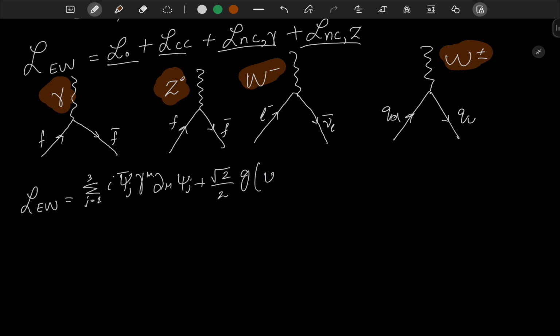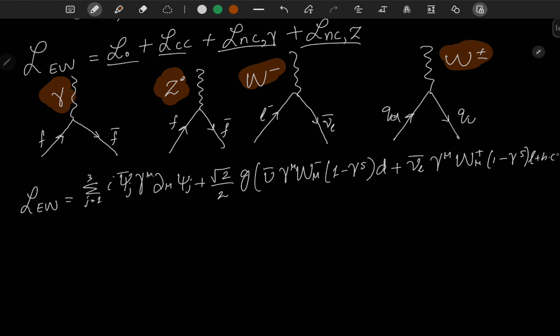G, U up-type, W mu minus, 1 minus gamma 5, down-type L, gamma mu, W mu plus, 1 minus gamma 5, to L, plus the Hermitian conjugate, minus e A mu.